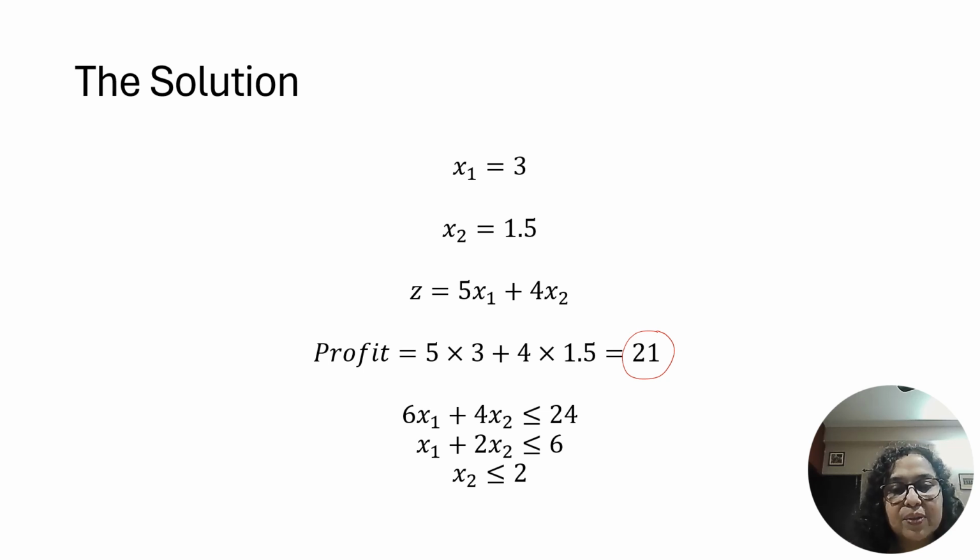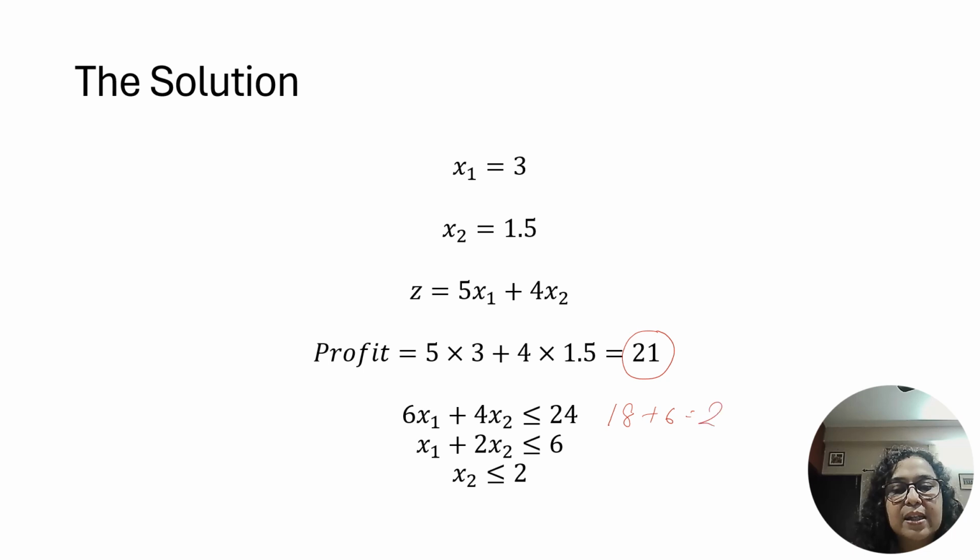Let's see whether it's feasible or not. It will be feasible because it's in the feasible region. So if I put it in the constraint, 6 threes are 18, and 4 into 1.5 is 6, so 24.